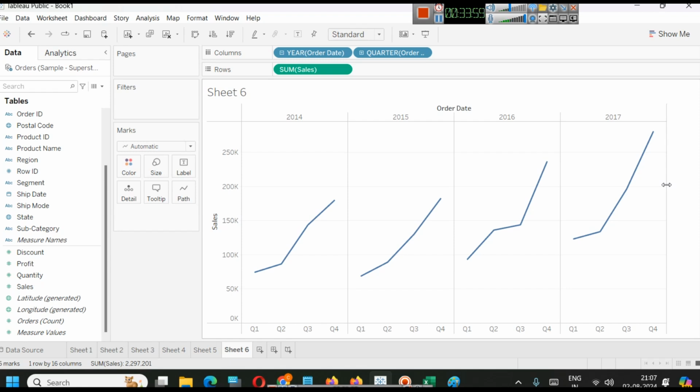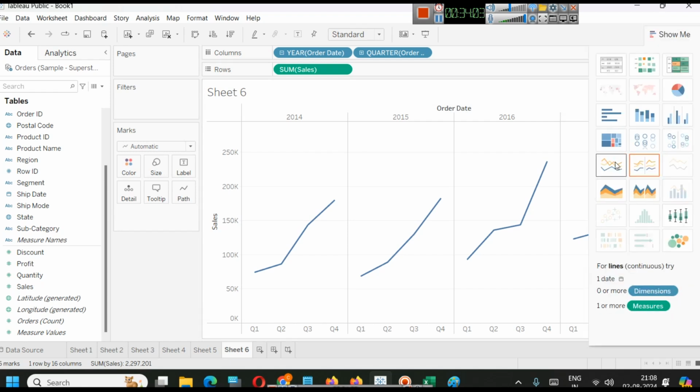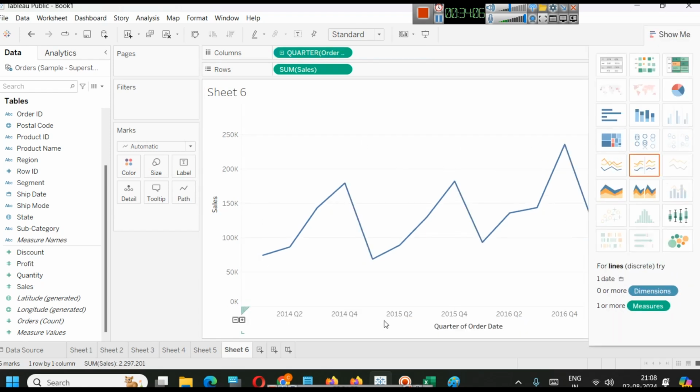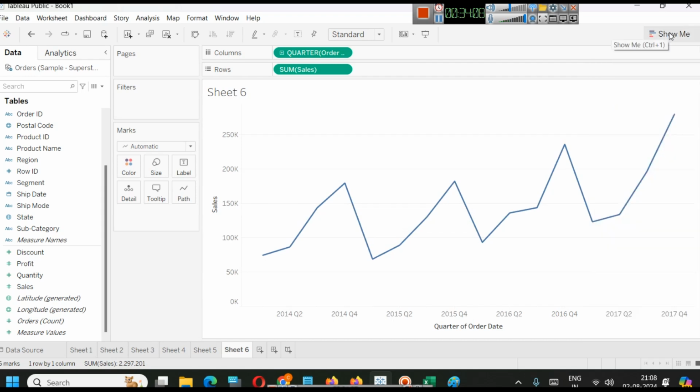Like years are separated now, right? All years are separated. But when it is a continuous variable, like what is continuous? There will be no interval between two values.